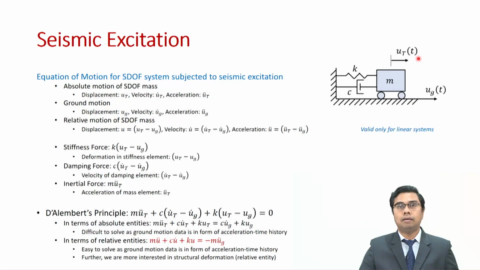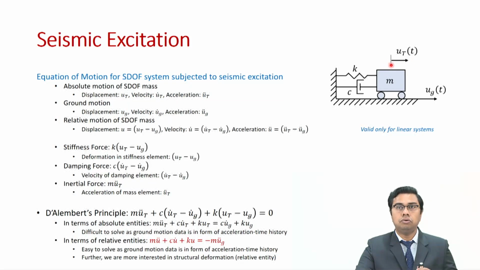Now here we have to define a few quantities before we derive the equation of motion based on D'Alembert's principle. So here we have two entities, one is our absolute motion and another is our relative motion. How are these defined? Let us try to understand.